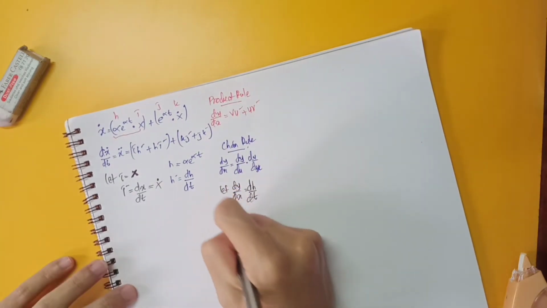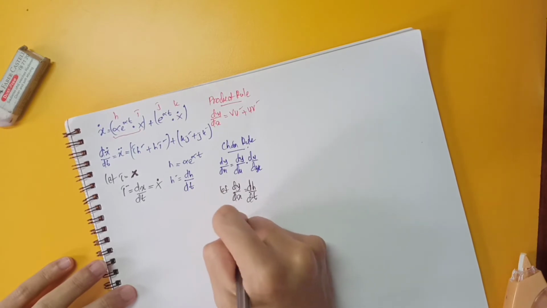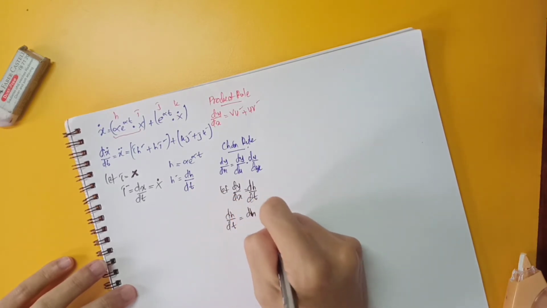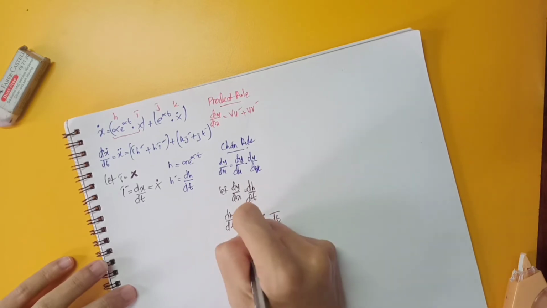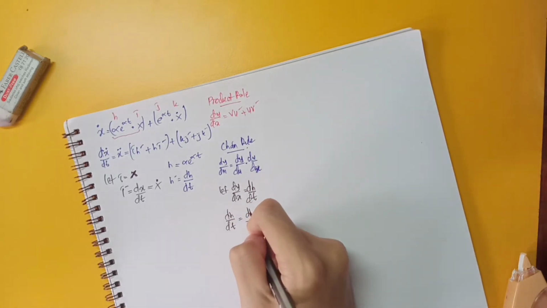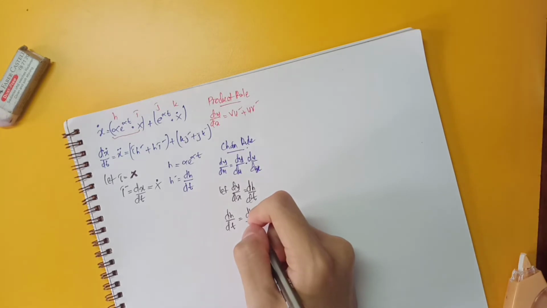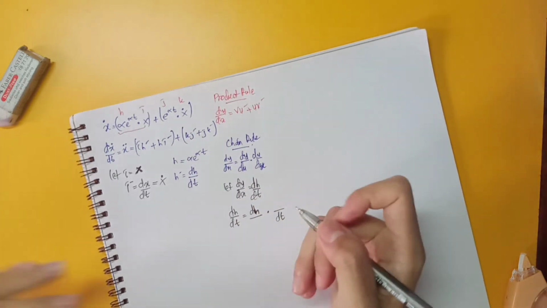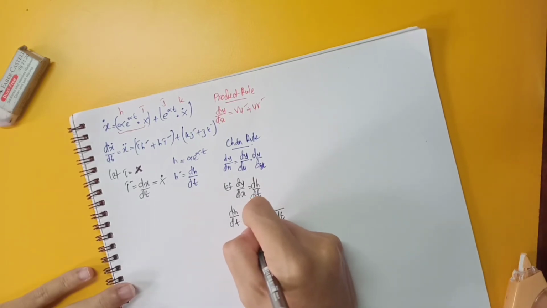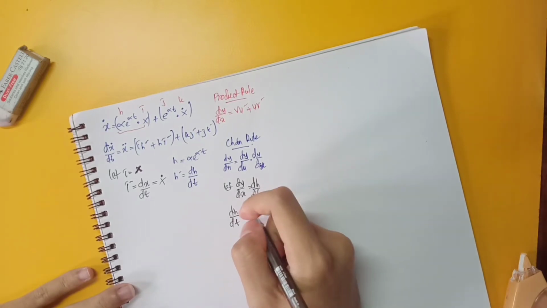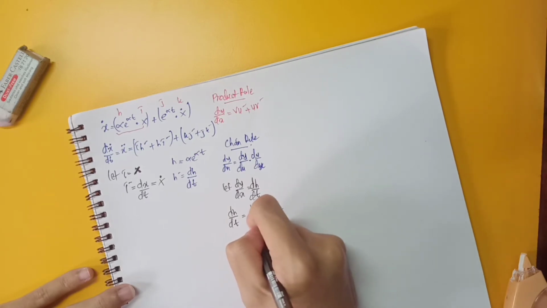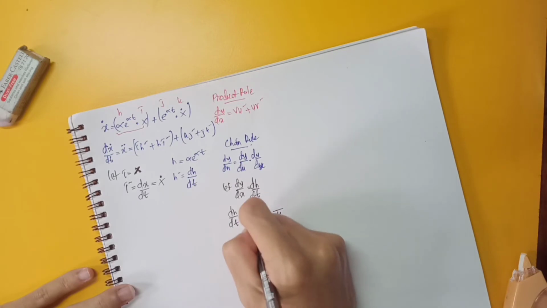So dh over dt is equal to dh over du times du over dt. Here is what we call a new form of differentiation. Okay, so I will present it as du, okay, just du.